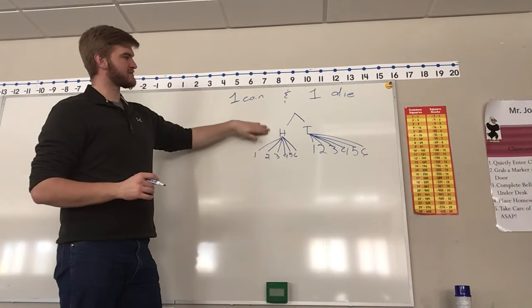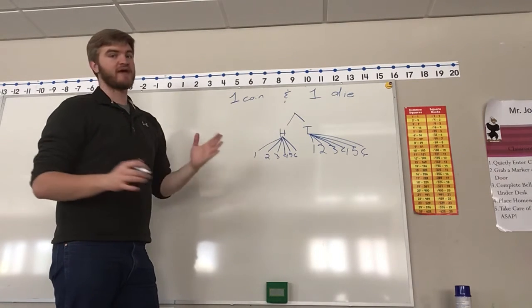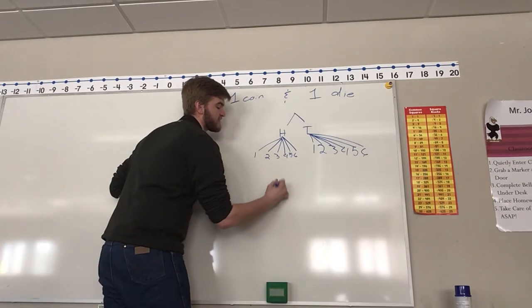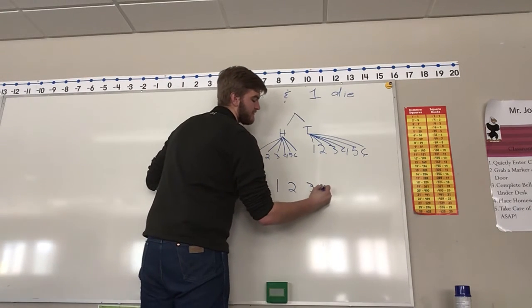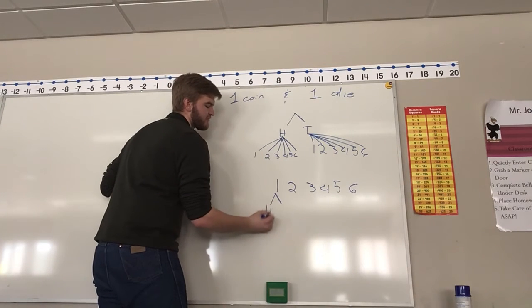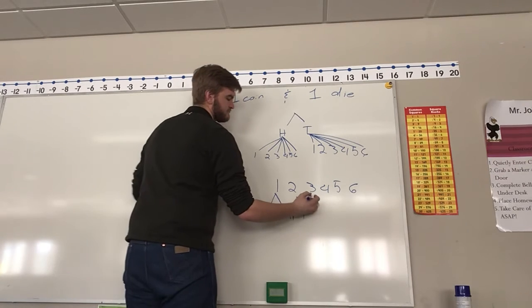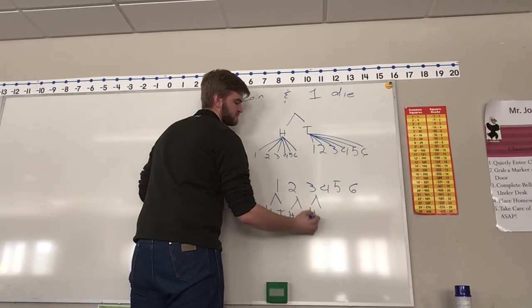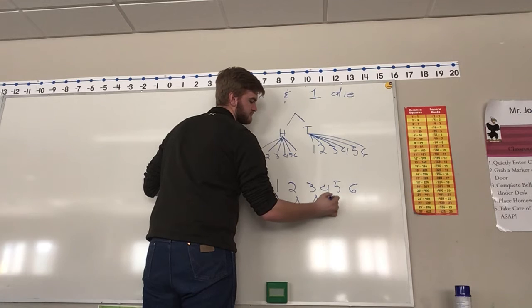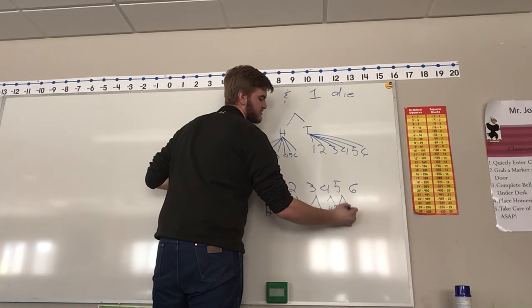Now, just because I put heads, tails for the coin first and then the die second doesn't mean we have to do that. We could start with that die. We could start with 1 through 6, and then from each of those, we could branch off with the heads, tails. And it's still going to give us the same 12 outcomes.